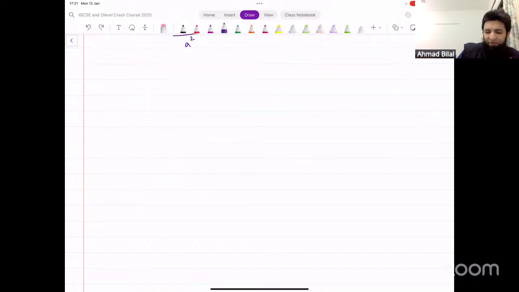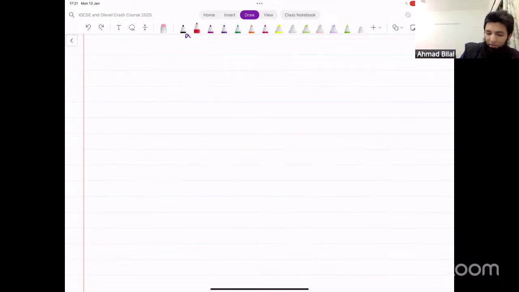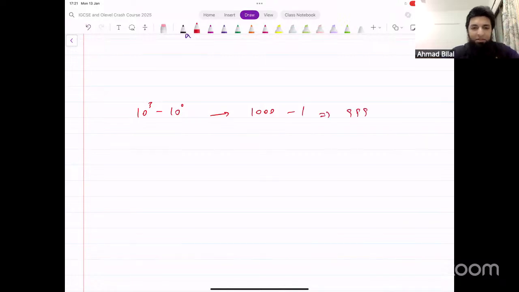In fact, that's actually very straightforward. If you have 10 raised to power 3 minus 10 raised to power 0, you know how to simplify them. This 10 raised to power 3 is 1000, minus 10 raised to power 0 is just 1, and that gives you 999. So that's a different type of problem.